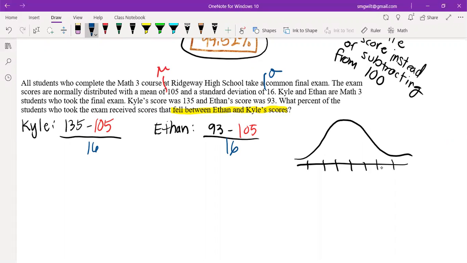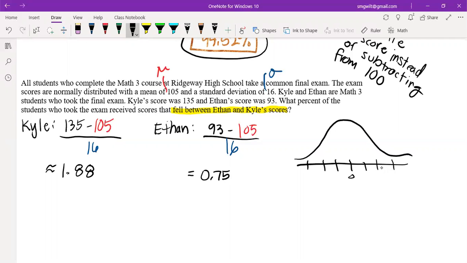That gives us a z-score of approximately 1.88. Notice that it should have given you 1.875, but a z-score table only has 2 decimal values, so we round to the nearest hundredth. For Ethan, we're going to do 93 minus 105, so a negative 12 divided by a positive 16, and that gives us exactly negative 0.75. So Ethan's z-score is negative 0.75.